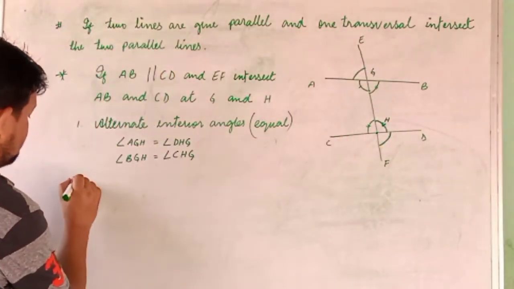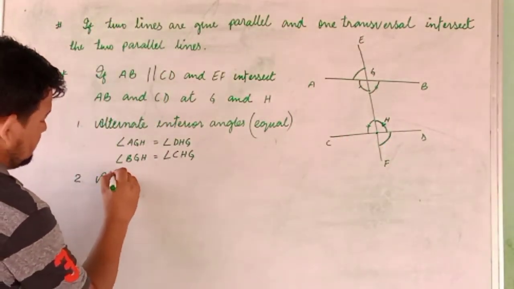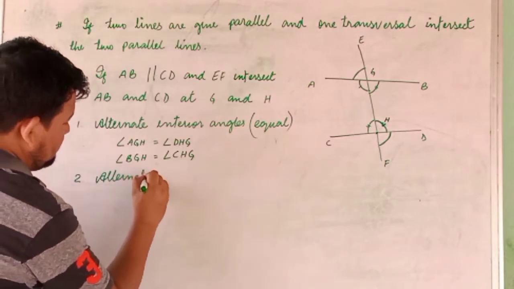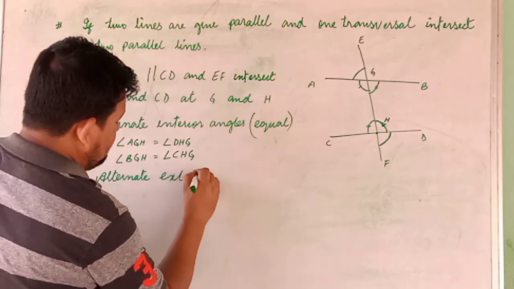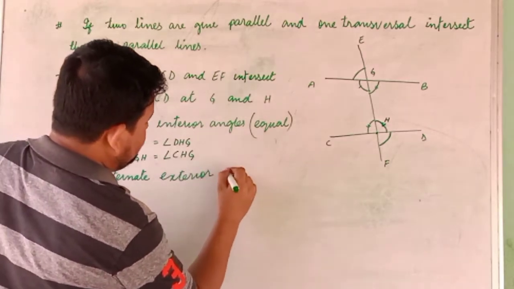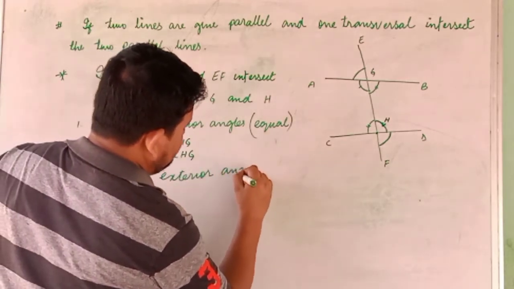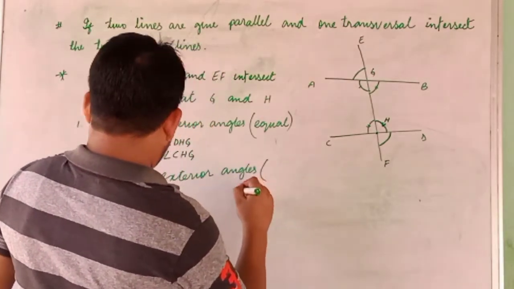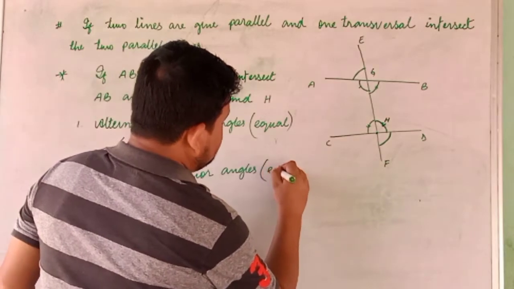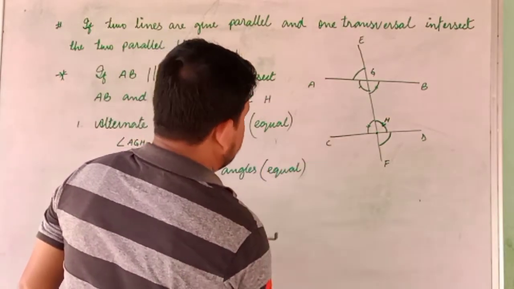So number two, what we are having here, alternate exterior angles. So alternate exterior angles are also always equal.